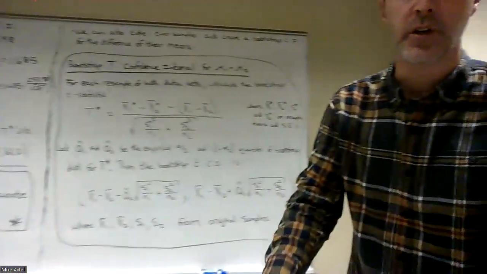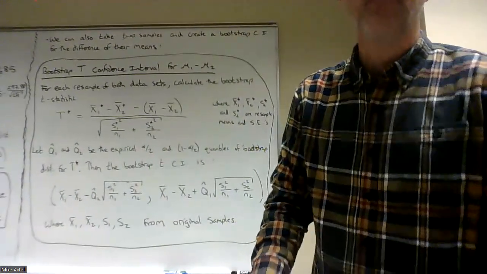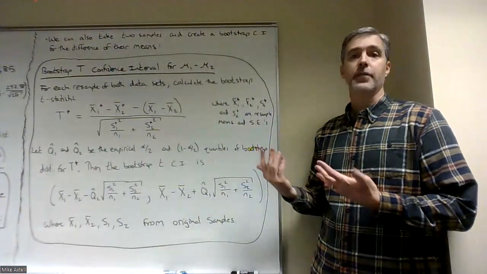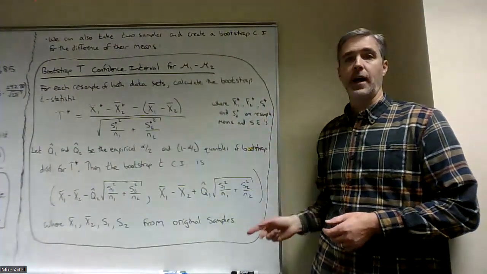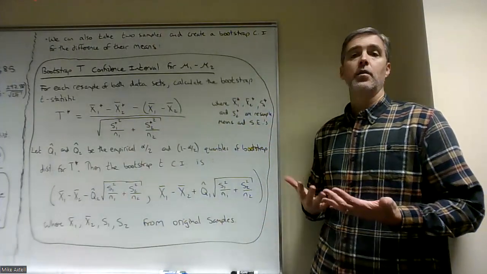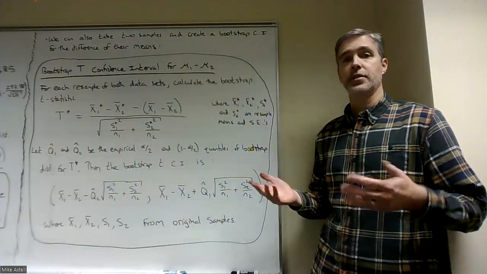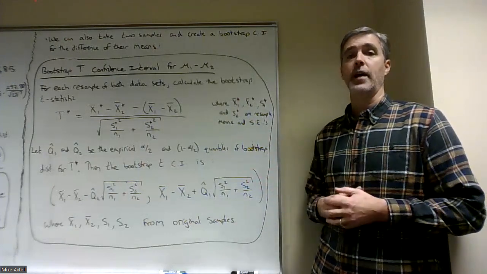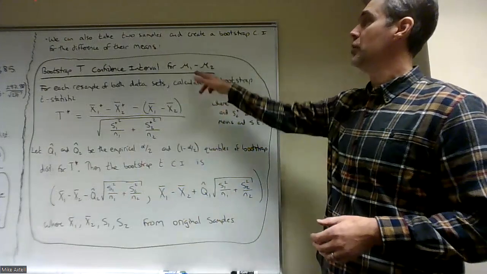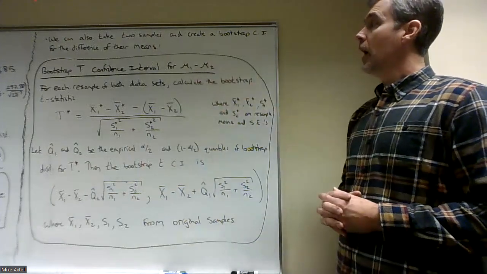All right. So one variant of a bootstrap T distribution is the difference of means. So why don't you pause, copy, and then press play. So now let's say we had two populations and we grabbed a sample from each one, and we want to examine the difference in the population means, mu1 minus mu2.